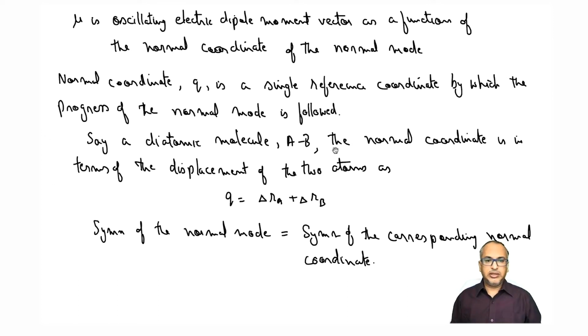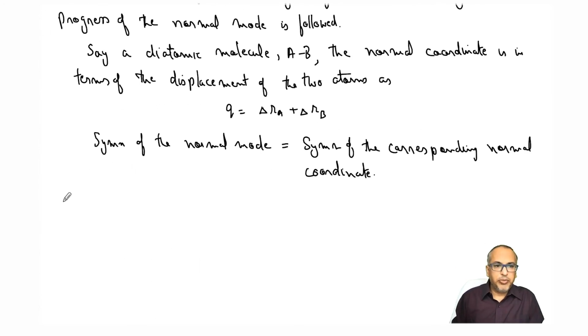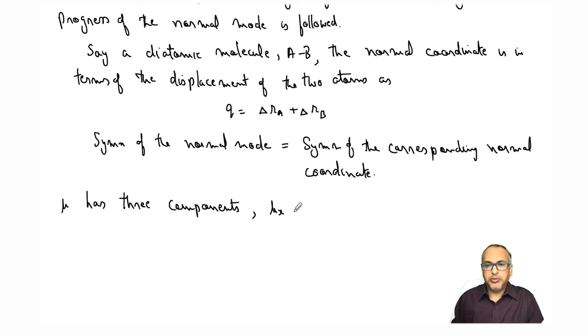Now let's see what mu is. Mu has three components. That we have also learned earlier, right? You can express mu as the summation of mu x, mu y, and mu z. Basically mu is nothing but the summation of charges present at different Cartesian coordinate values, right?